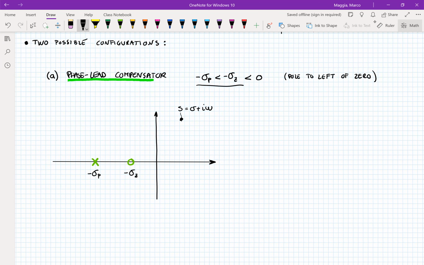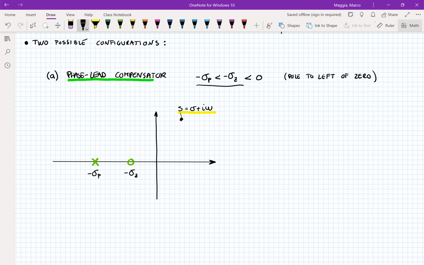So in order to understand why a lead compensator adds some phase, let's consider a generic point on the complex plane, S equals sigma plus I omega.